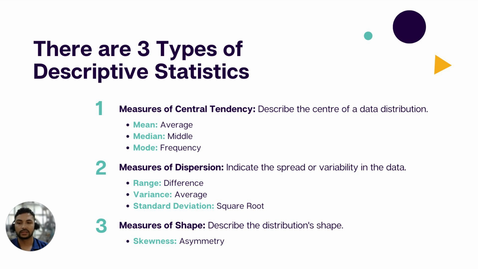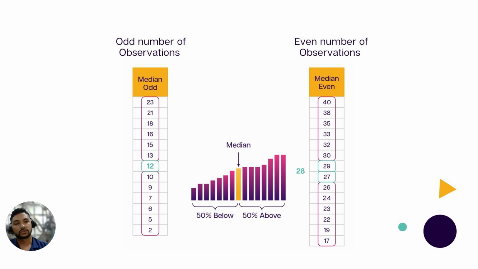The next one we have is the median. The median is the middle value when our data is ordered. To give you an example, our data needs to be in order, either ascending or descending, because the median finds the middle value.